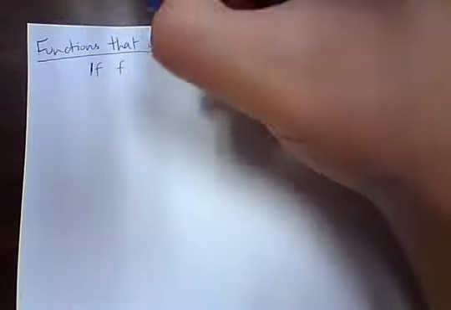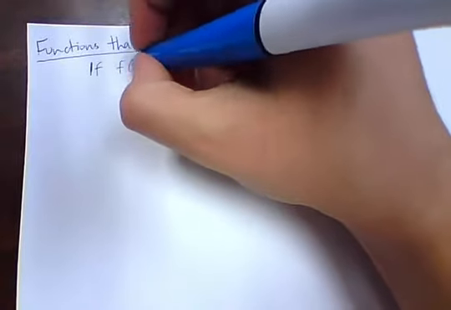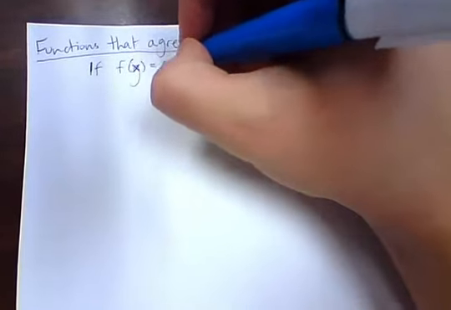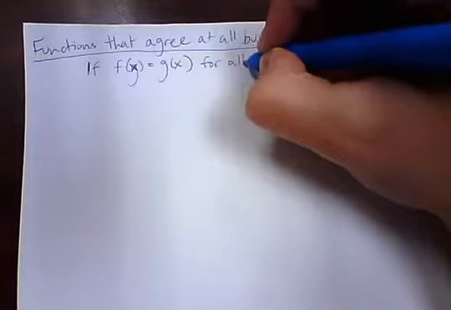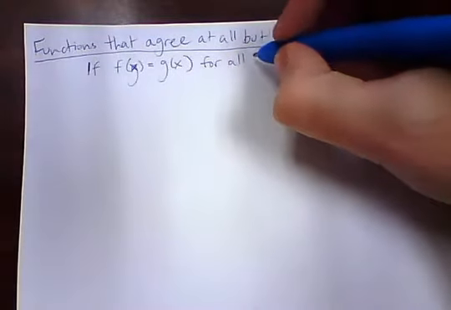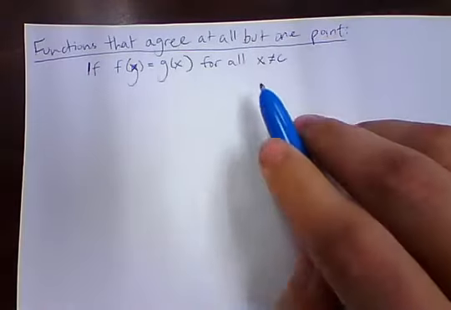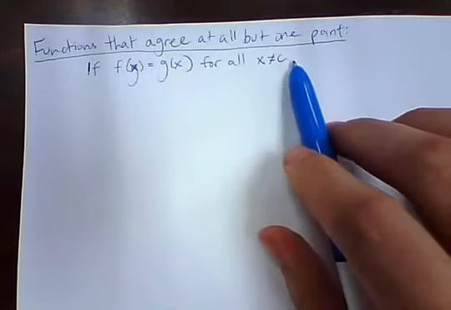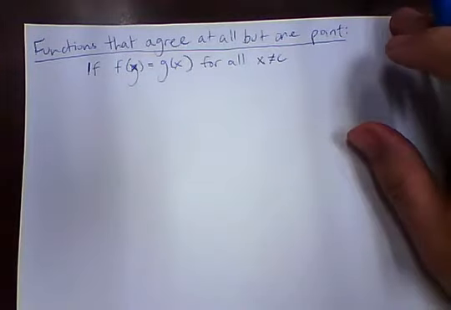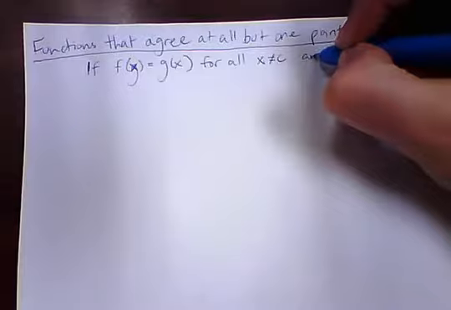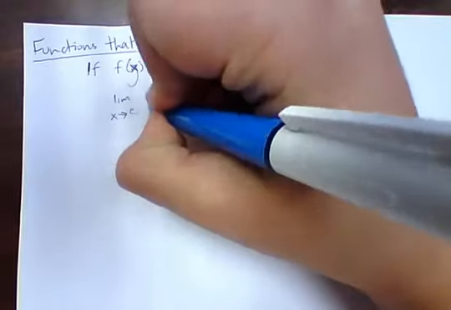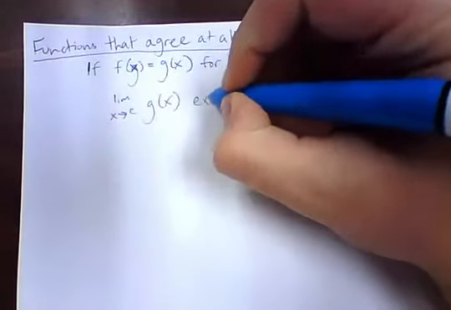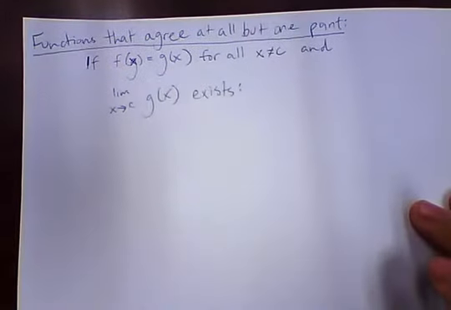So, if f of x equals g of x for all x not equal to c, so essentially for everything except for one point, and if the limit as x approaches c for g of x exists, then we can conclude the following.